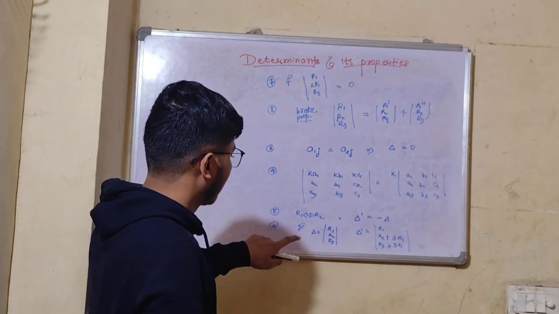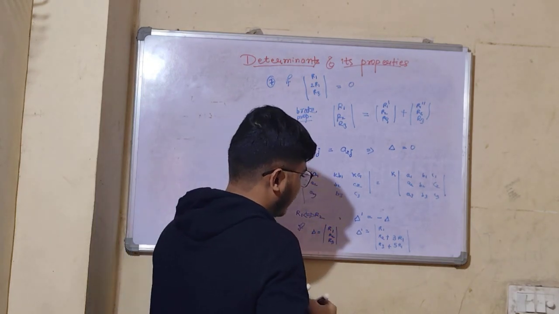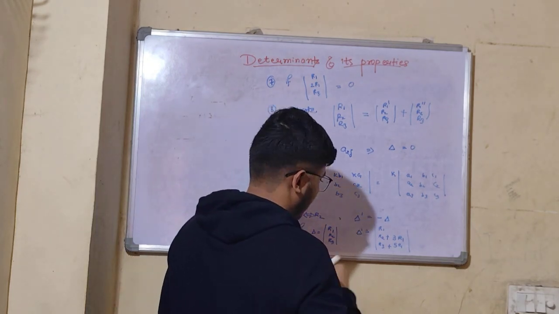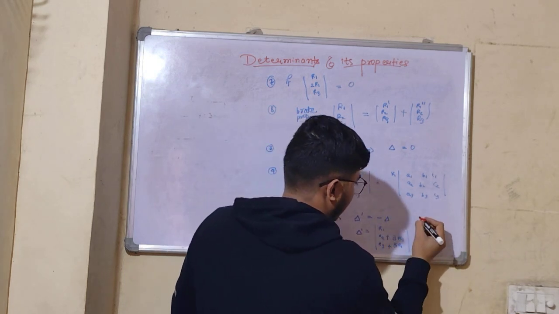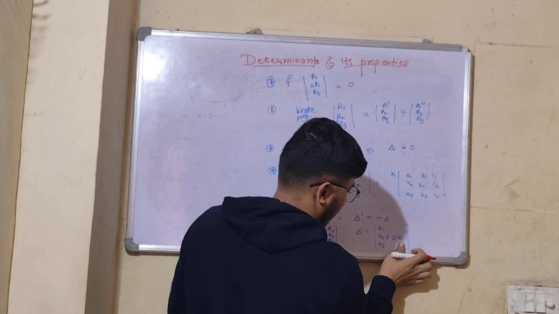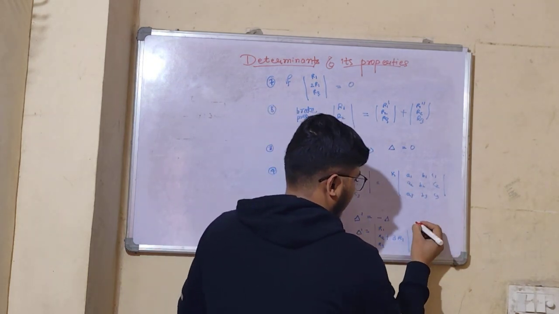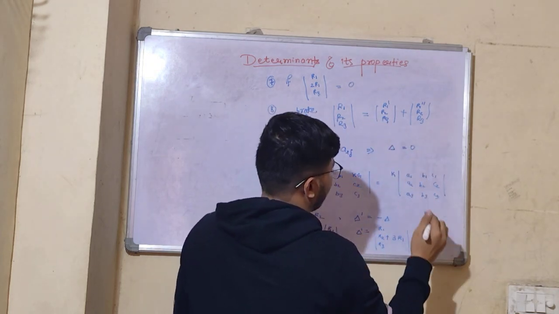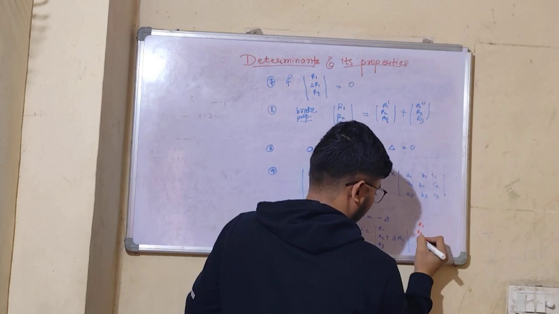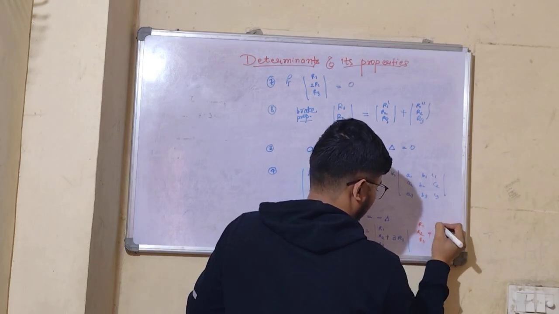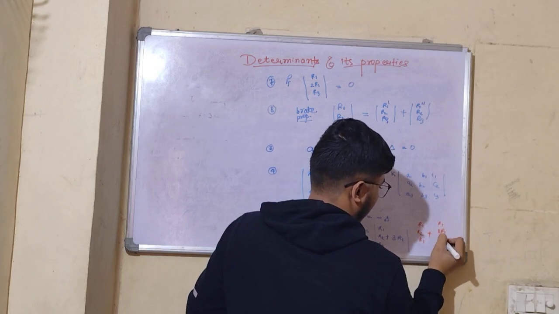I want to explain this property again, how we have written this. Suppose this is the property we have to prove. We can also write it using the sixth property as R1, R2, R3 plus R1, 3R1, R3.